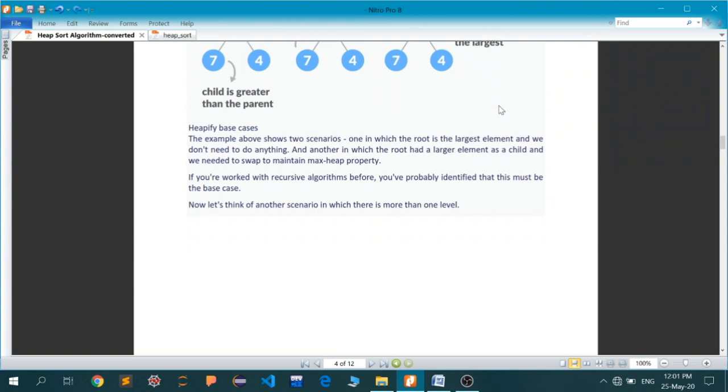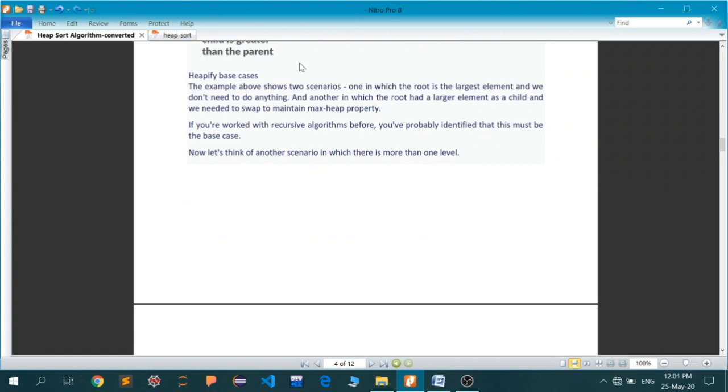So please correct that. Now, heapify base cases: if you are familiar with recursive functions, you must be familiar with recursive cases and base cases, so I'm not going to go deep into it.